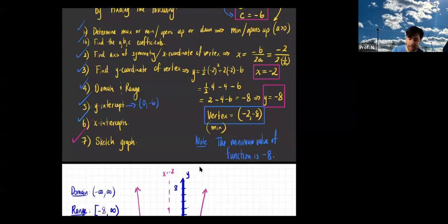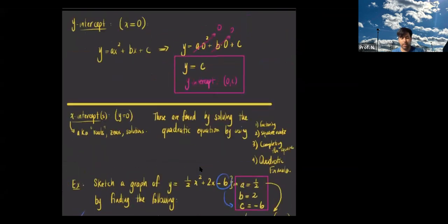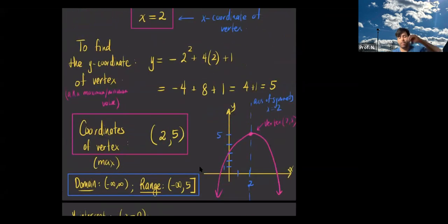So when we talk about the value, they usually refer to the y value. So what's the minimum y value? When you say the minimum value in this case, it would be the y coordinate of the vertex. The maximum value would be if it was a maximum, like in the previous example, right? The maximum y value, or the maximum value, would be 5. So that's just terminology that they like to use.